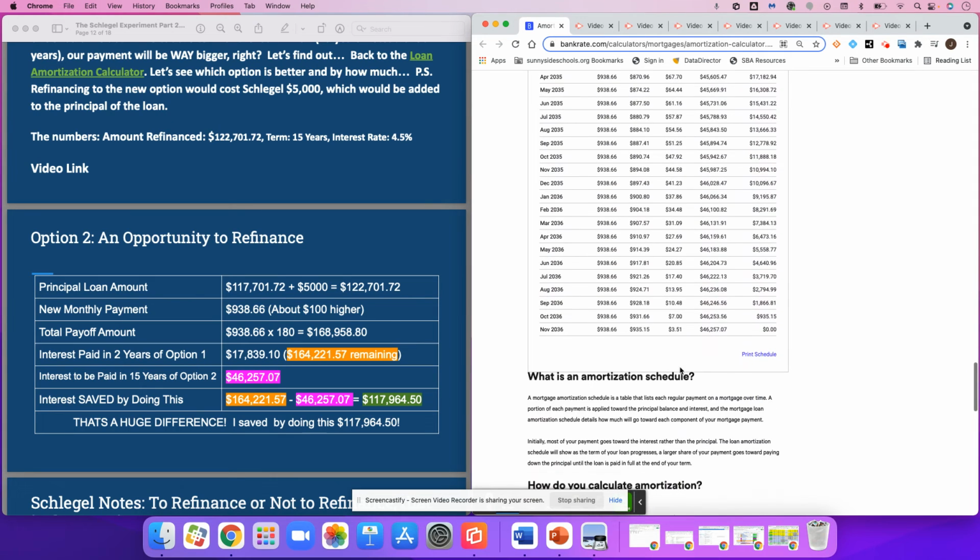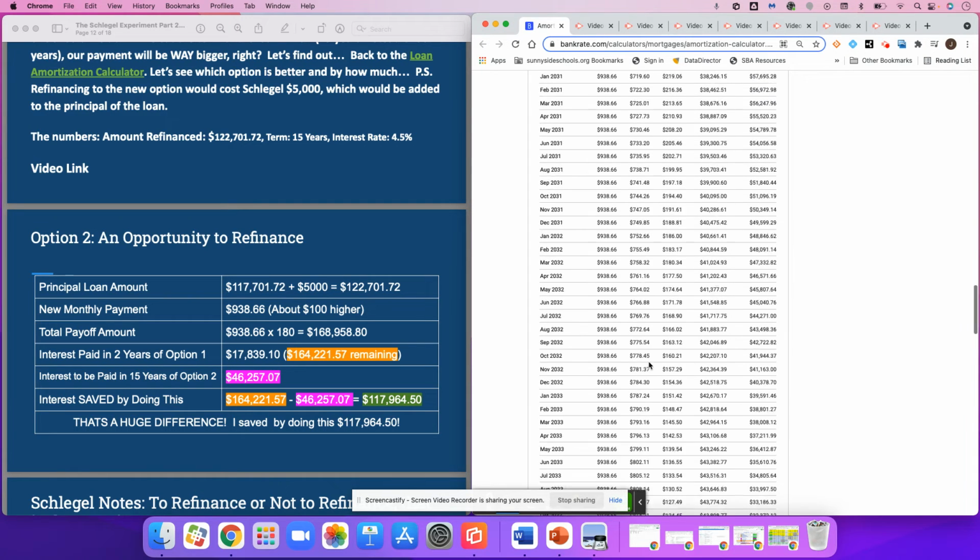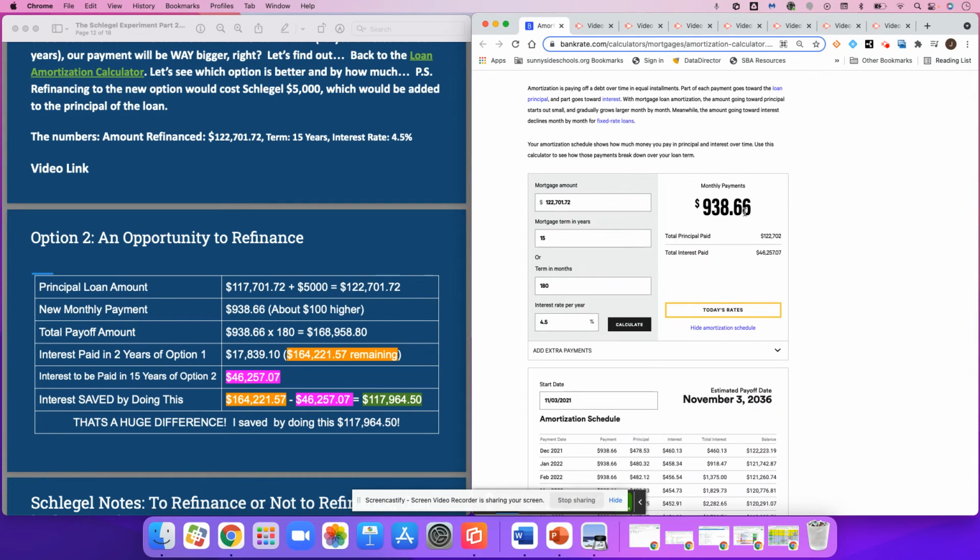On my 15-year loan, I only pay a total of $46,257 in interest. This is saving me $117,000, almost $118,000 in interest by increasing my monthly payment by about $100 and paying my house off in 15 years, not 30.